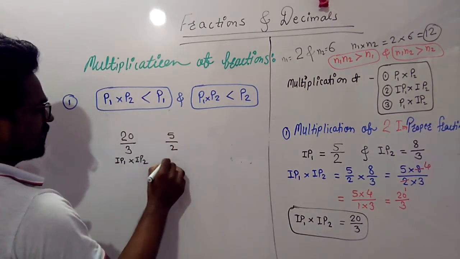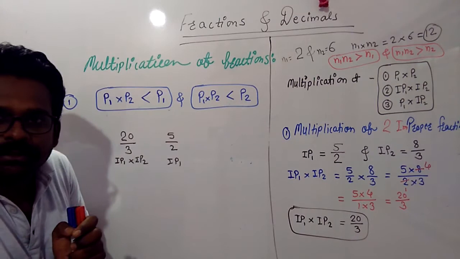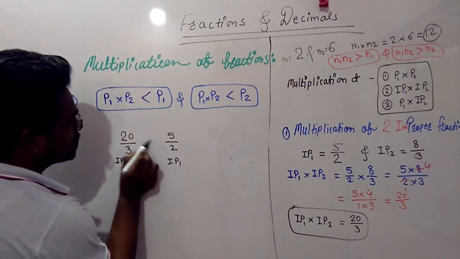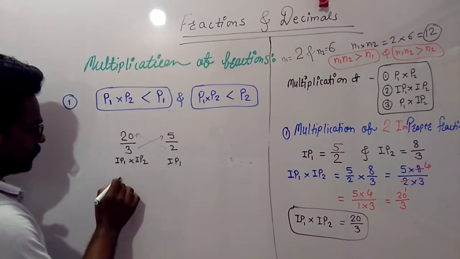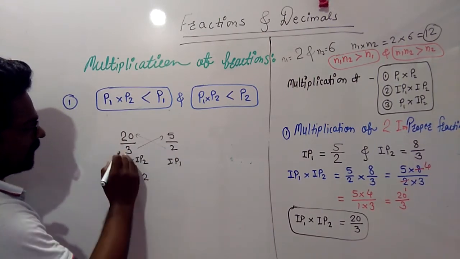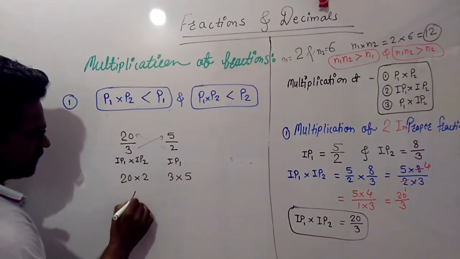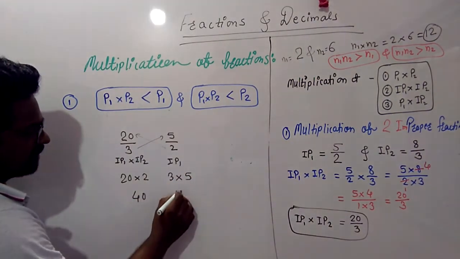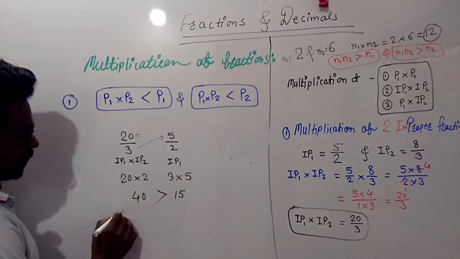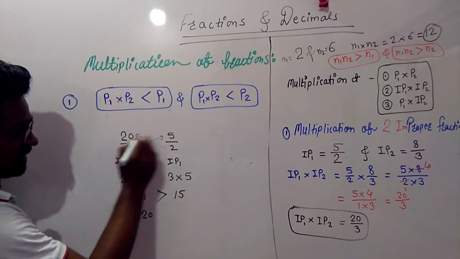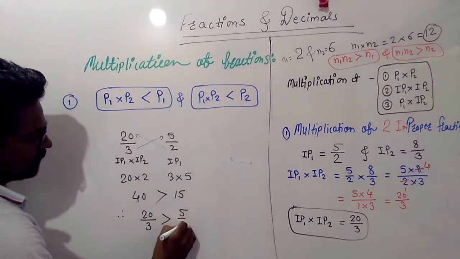Now to check out which one is larger, we'll do the cross multiplication, this to this and this to this. 20 into 2 and 3 into 5. 2 20s are 40. 3 5s are 15. So 40 is greater than 15. So therefore we can write here, this side is greater than this side. 20 by 3 is greater than 5 by 2.